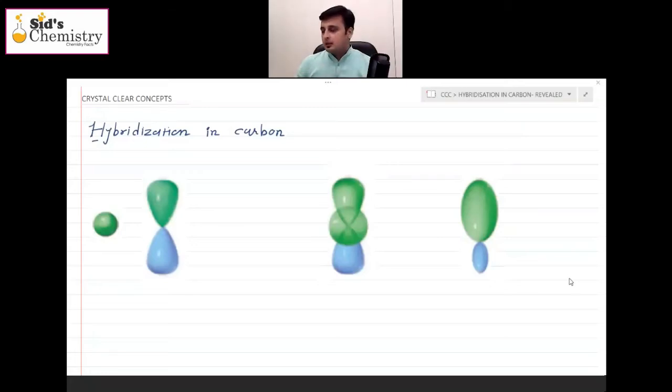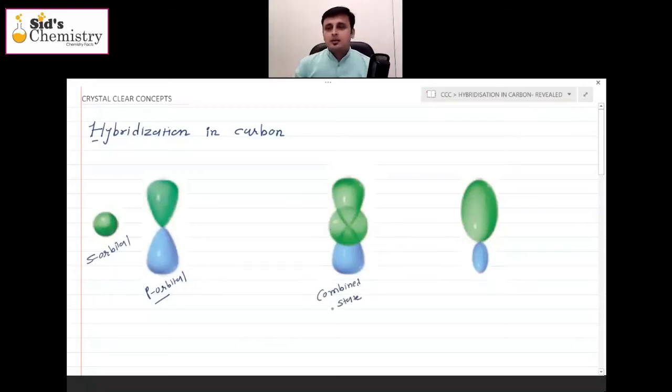You can see on the screen this is s orbital, this is p orbital. When hybridization takes place, the s will combine with the p orbital. So this is called the combined state.